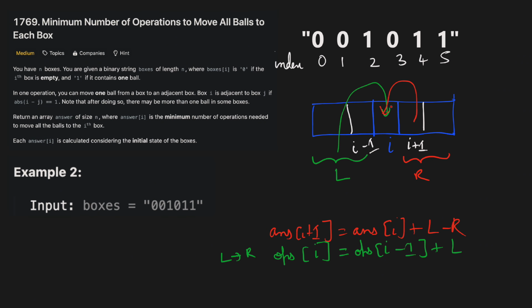Similarly, when we move from right to left, the operations required at the ith position will be the number of operations required at the i plus 1th step plus the total number of balls we have seen during this traversal. And the sum of the operations from left to right and right to left for each index will be our answer.